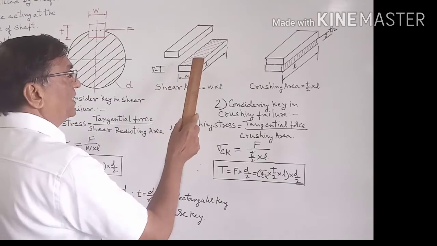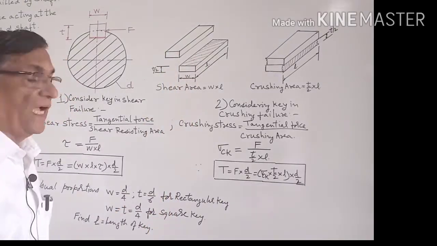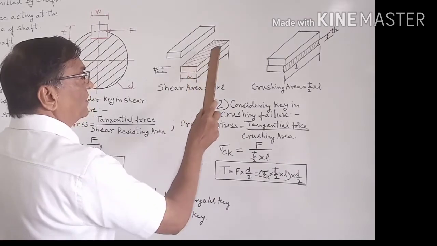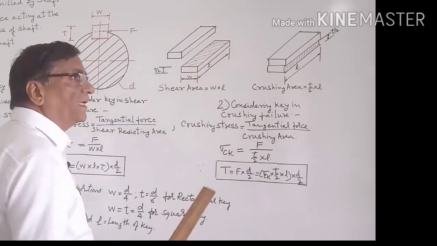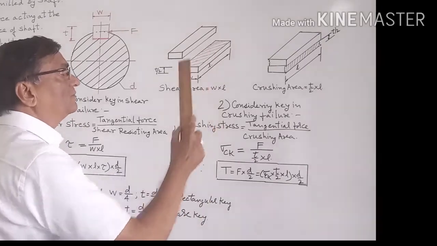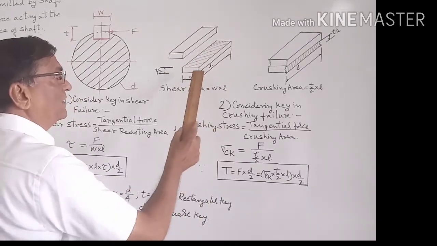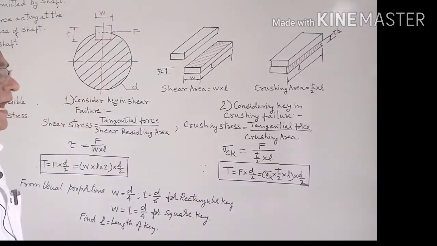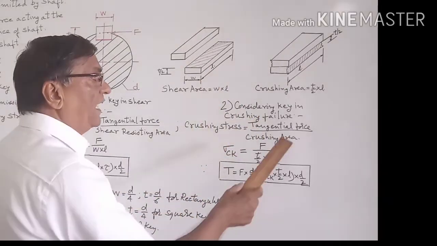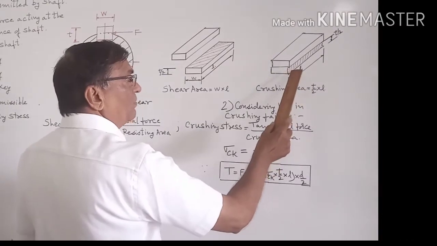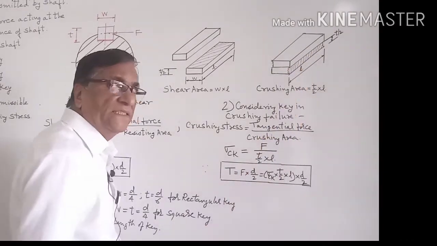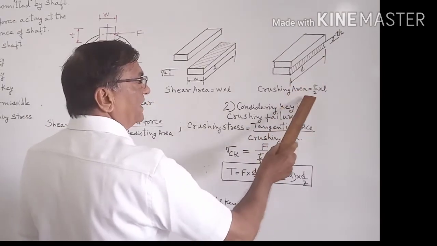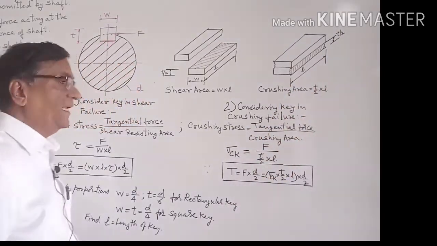Now the shear resisting area, shown by the red hatching lines, is equal to W into L, and the crushing area, shown by the red hatching lines, is equal to T by 2 into L.